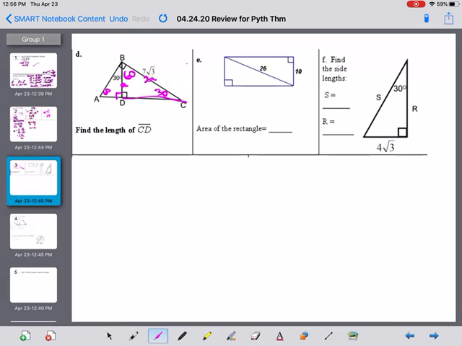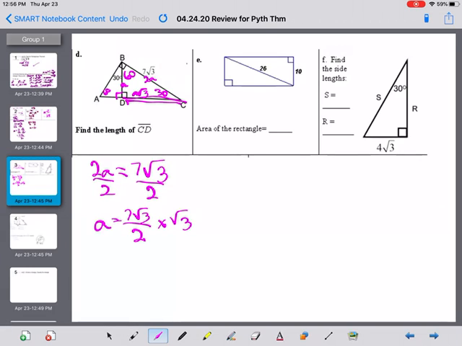So we have a, 2a is the hypotenuse, and then a radical 3. So 2a is 7 radical 3, so divided by 2, a is 7 radical 3 over 2. Now we want CD, so we multiply that by radical 3 to get CD, and that would be 7 times radical 3 times radical 3 is radical 9 is 3 over 2. 21 divided by 2 is 10.5.